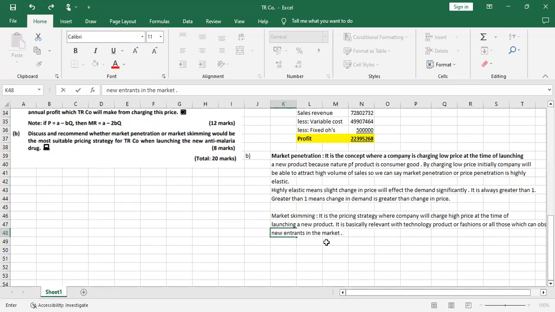So you are charging high price, but still customers are purchasing your product. It means this product is less elastic or inelastic. So demand for such type of products will be inelastic in beginning.